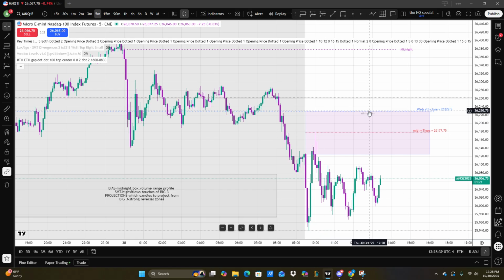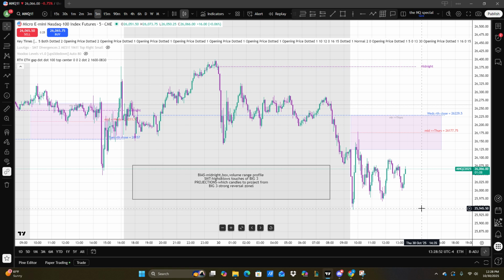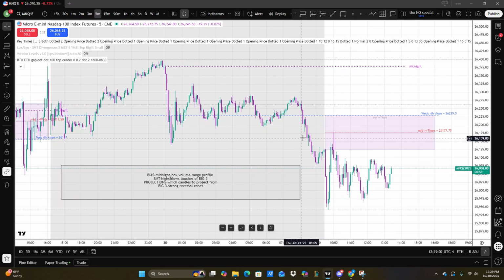It'll fill 100% of this box about, I think it was like 70, 75%, right? So 80% to the midpoint, 70% to the top, right? So the way I see it is, if I'm below midnight and I'm below the box, I'm going to be correct 70% of the time, 80% of the time.